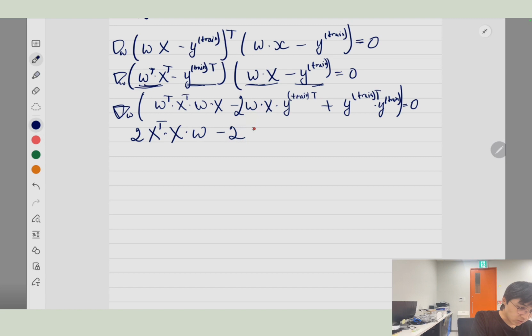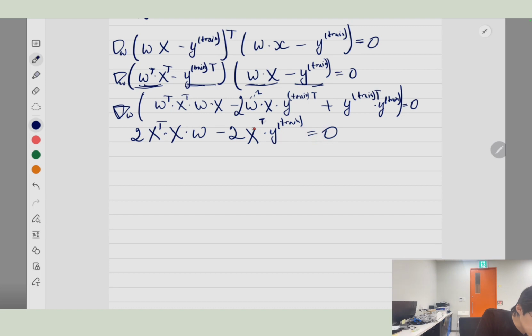We have only one weight, which means it will be equal to 1, so we will not write it. It will be x train transpose and y train, and it will be equal to 0.